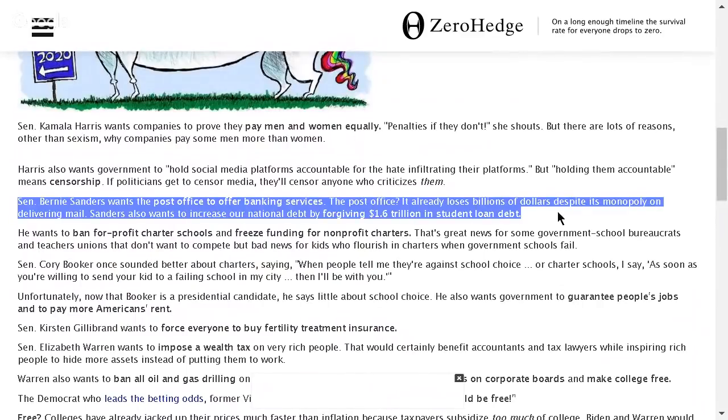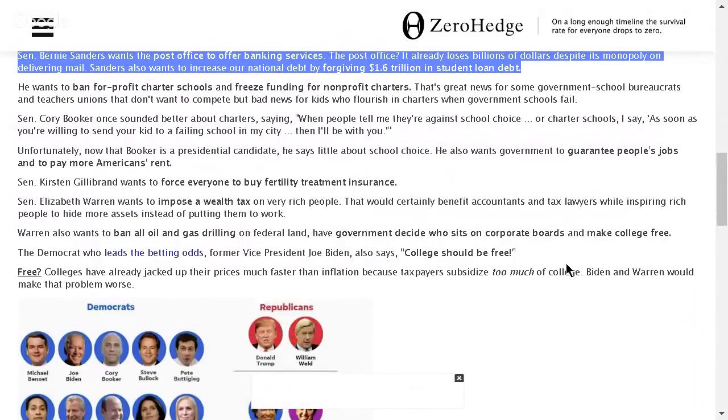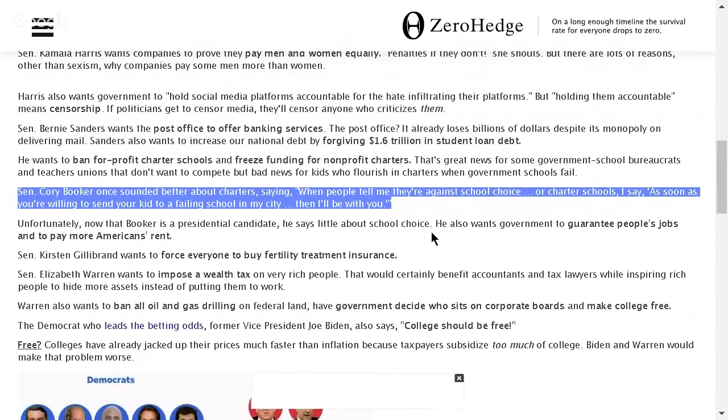Bernie Sanders wants the post office to offer banking services. And he wants the government to occupy the Federal Reserve Board because he thinks the government's better at banking than bankers. Cory Booker, aka Spartacus, wants people to be unable to... wait.